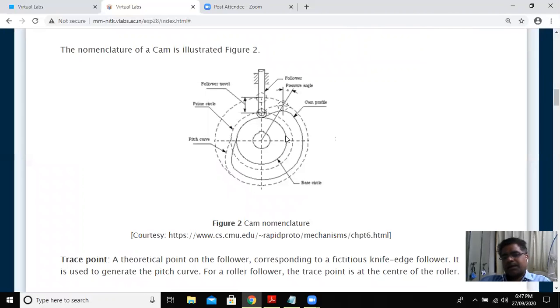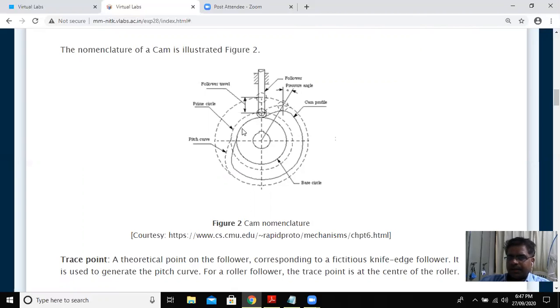The size of the cam will be depending upon this base circle. Slightly bigger than this, you can see that one more circle is there. So this will be called as the pitch circle or pitch curve.